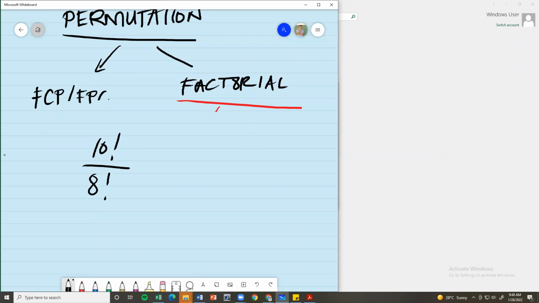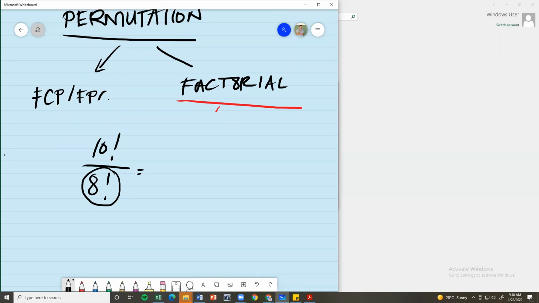Before pressing your calculator, there is a faster way in solving this. Now listen. Look at this. If we look at this, it is 10 factorial and then 8 factorial. 8 factorial will give you a shortcut for the 10 factorial, kasi i-divide din sila.